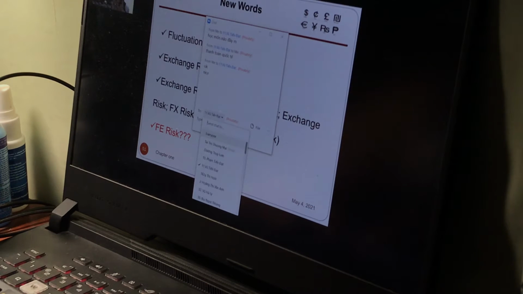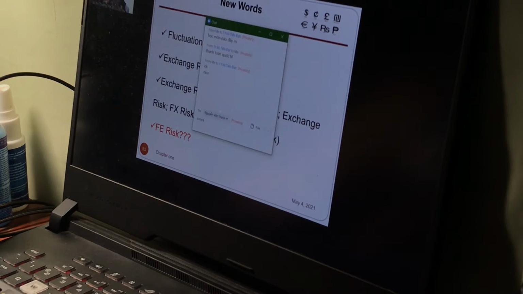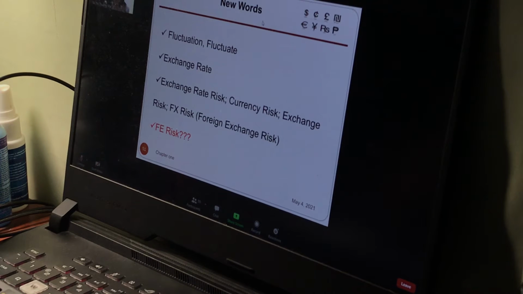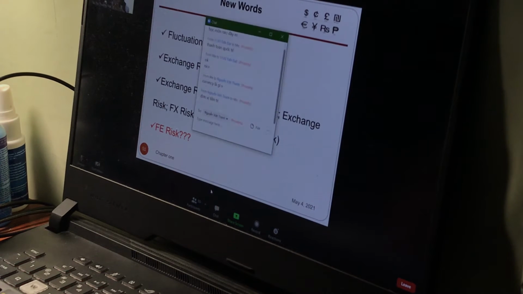There is a question you still have not answered. The question is, if we use only one currency, do you face exchange rate risk? Do you face exchange rate risk if you use only one currency in the sale contract?